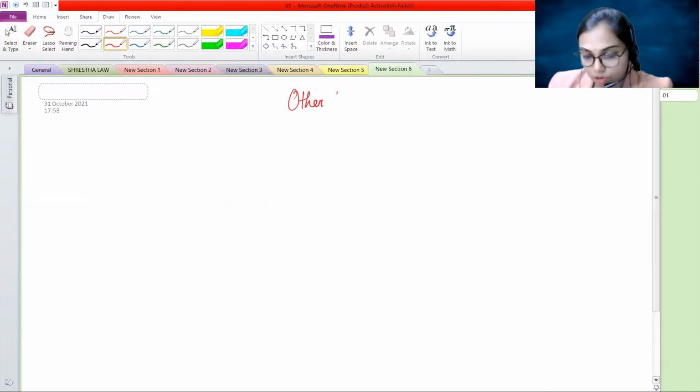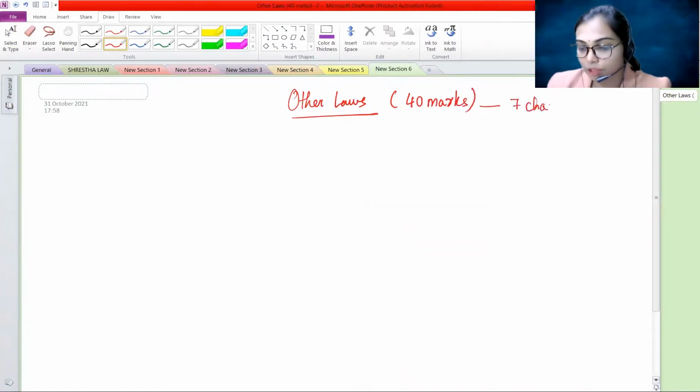Other Laws, as already said, is 40 marks, and this 40 marks is divided into 7 chapters.